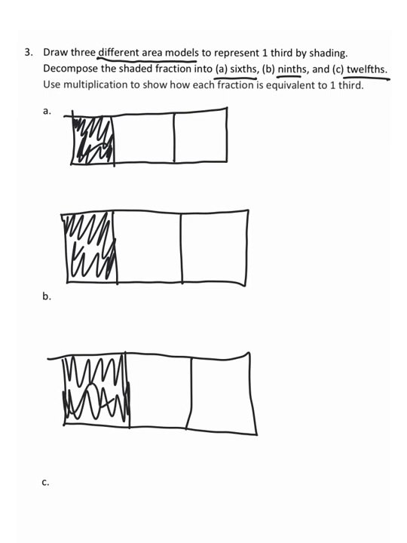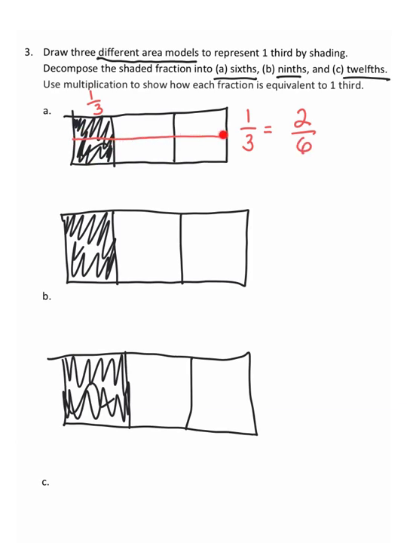Okay, now I got to make this next one, letter A. I'm going to decompose it and shade into 6ths. So how we do that is I am going to cut this right in the middle to make it 6. So I started off with 1/3, and then now what did I make? I made 1/3 is equal to 2/6. And now how did I get that? Well, look, I broke it.